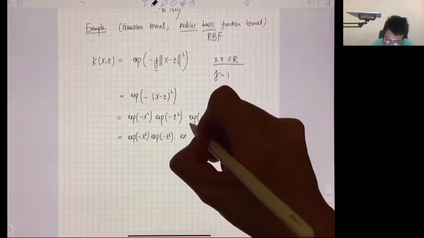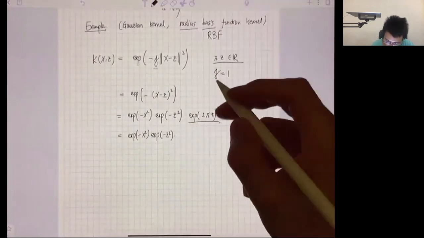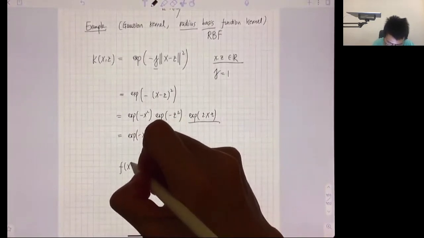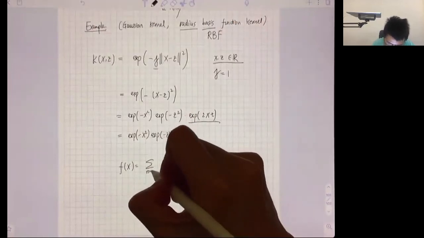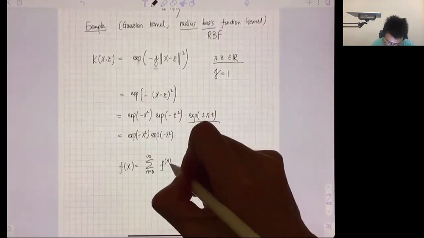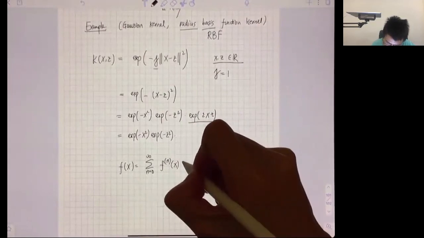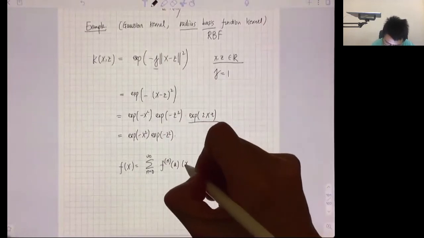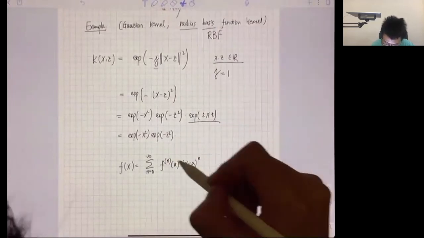And I'm going to apply Taylor expansion for this term. So the Taylor expansion of f(x) is essentially the summation over n equals 0 to infinity of the nth derivative of f expanded at a, times (x minus a) to the power of n, also divided by n factorial.